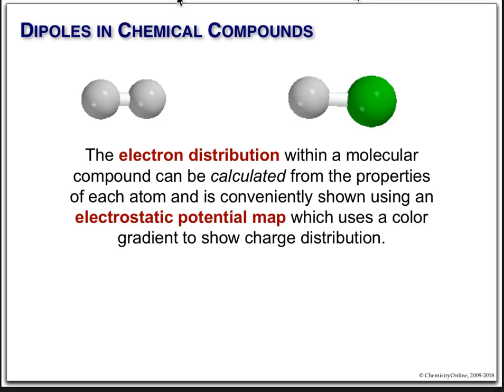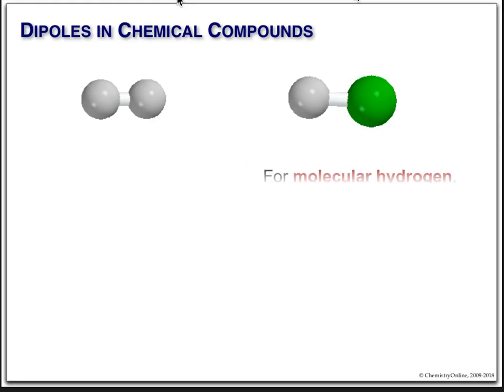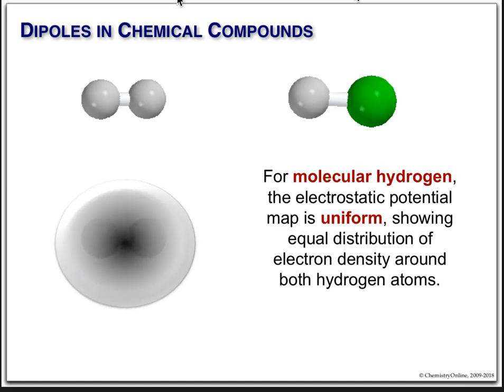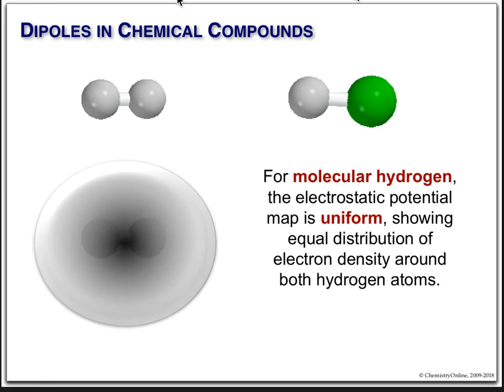And that indicates electron distribution. Let's look at hydrogen first. What you do is you start off with your basic molecule, your 2 hydrogens, and you tell the computer to calculate where the electrons are around them. And it will do it. And you wind up with a nice little egg like this surrounding our 2 hydrogens.